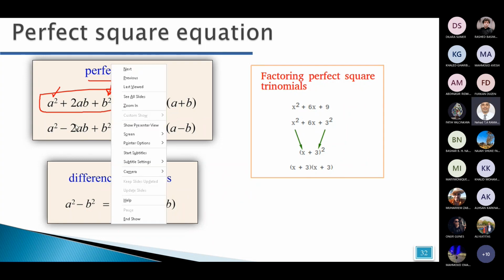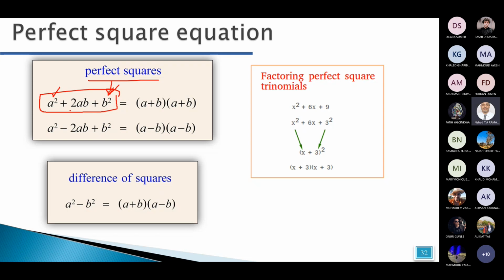So what's the middle term here? Actually, it's this term multiplied by this term multiplied by 2. When you see something like this, it's a perfect square, and its solution is like this. First square, which is a, plus second square, which is b here in this one.